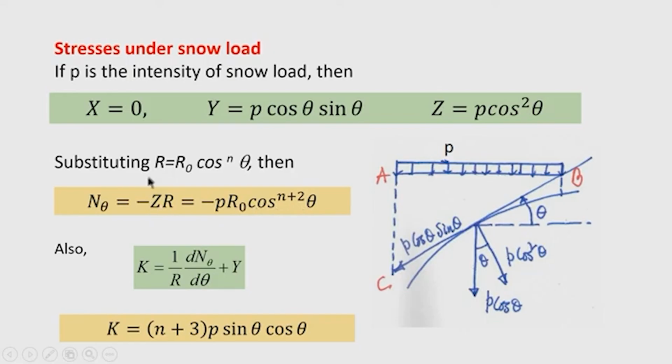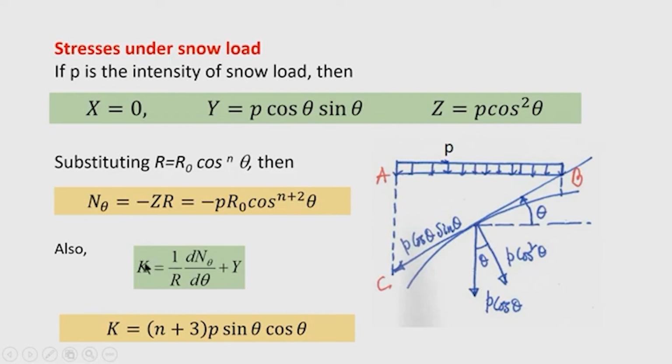So, substituting r is equal to r naught cos to the power n θ and this expression for the load component, we first obtain Nθ equal to minus z r. So, z is p cos square θ and this expression for r is substituted here. The final expression will be minus p r naught cos to the power n plus 2 θ. So, this is the expression for Nθ.